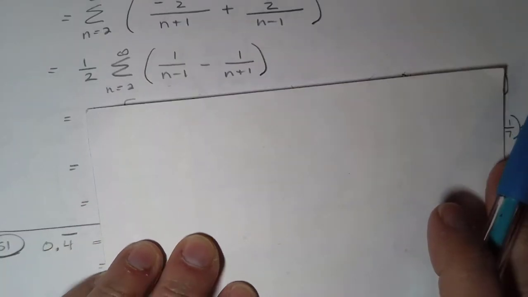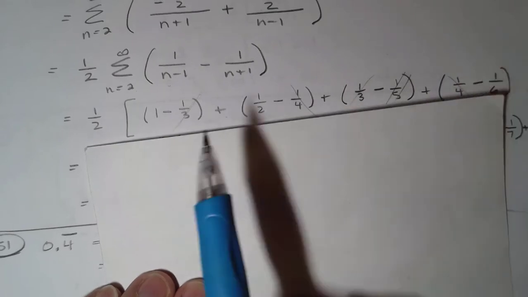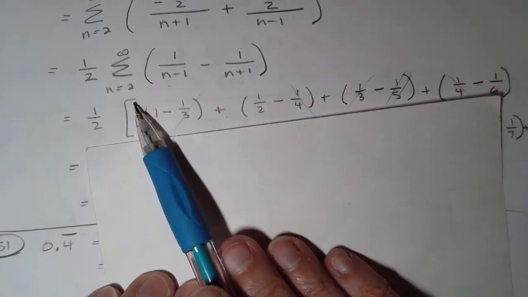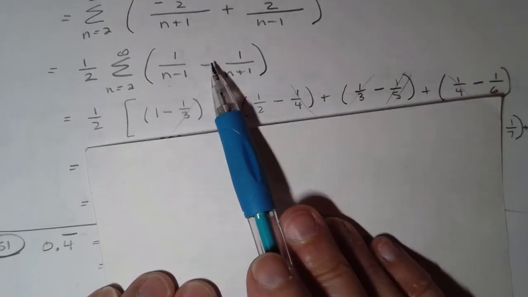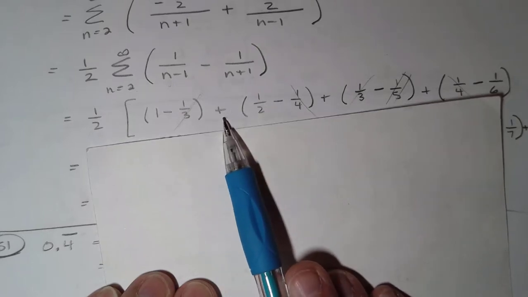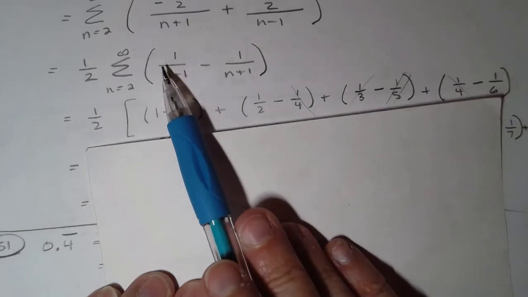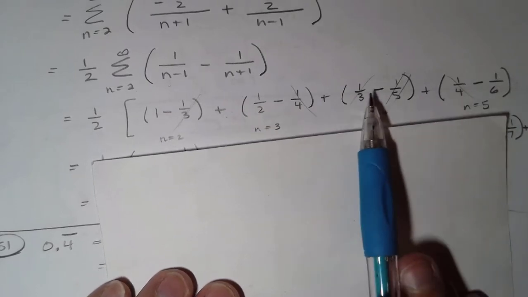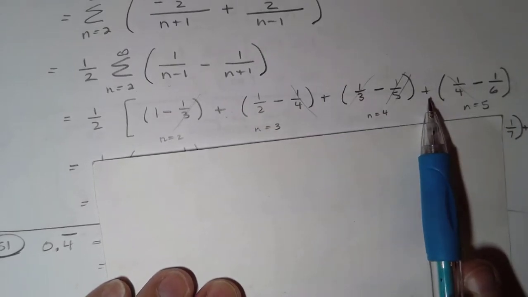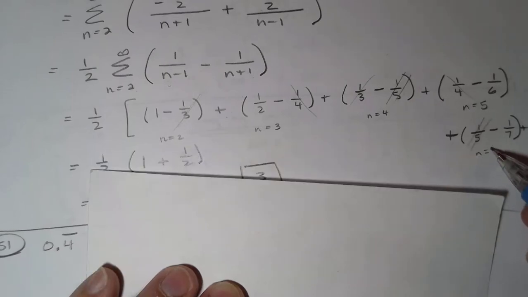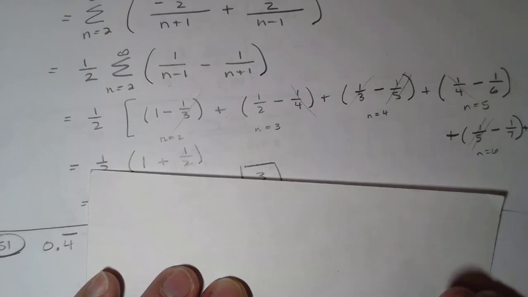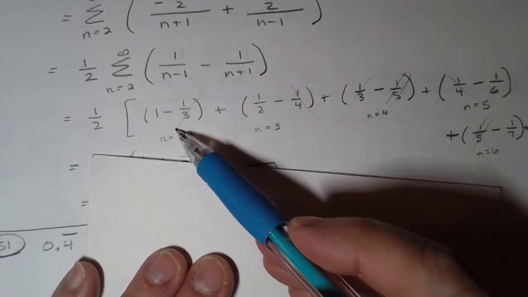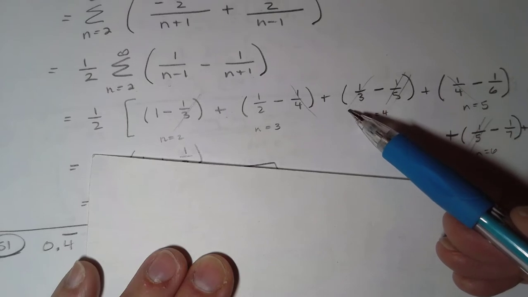I'm going to bring 1/2 out and I'm going to switch the order of my fractions. Okay, so I'm going to list a few terms. 1/2, when n is 2, that gives me 1 minus 1/3, plus when n is 3, 1/2 minus 1/4, plus when n is 4, 1/3 minus 1/5, plus when n is 5, 1/4 minus 1/6, when n is 6, plus 1/5 minus 1/7, and you can see that this -1/3 cancels with that +1/3.